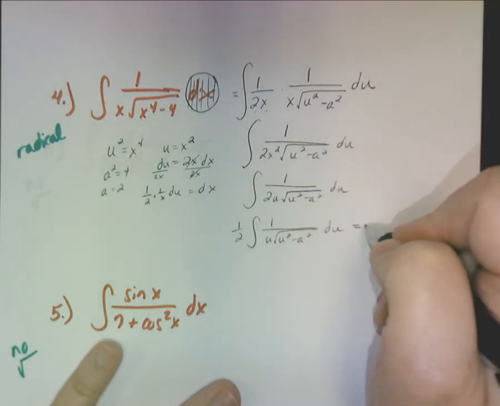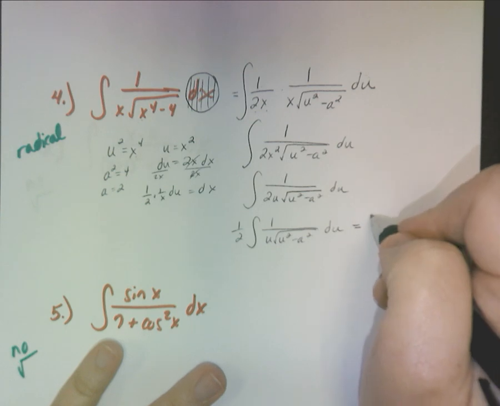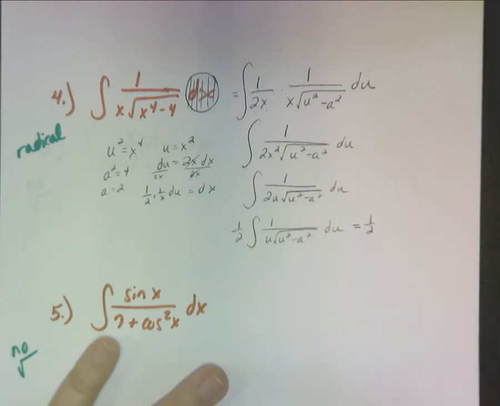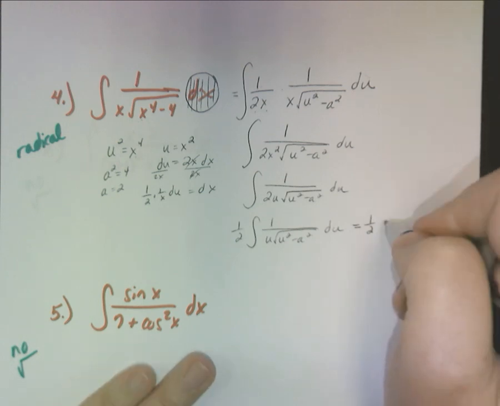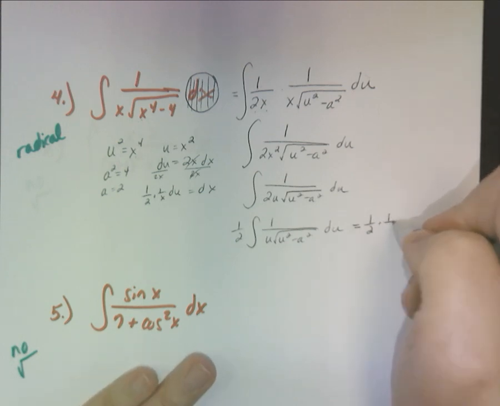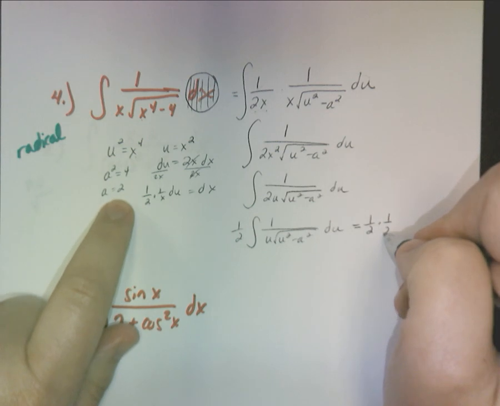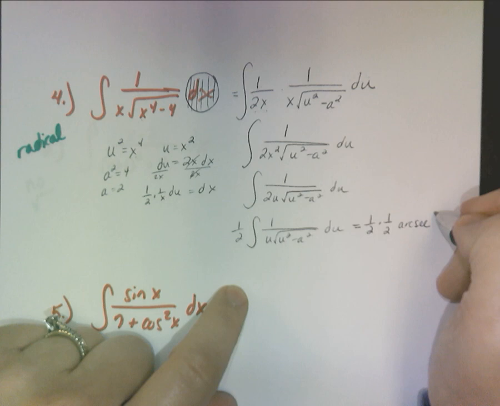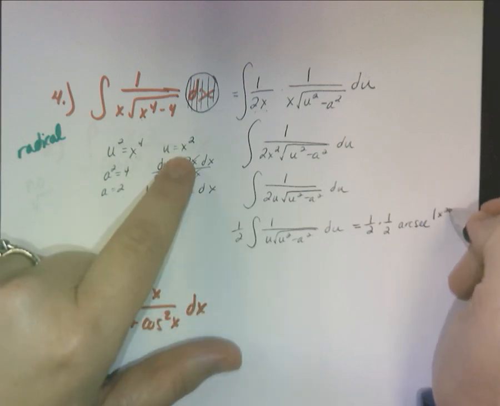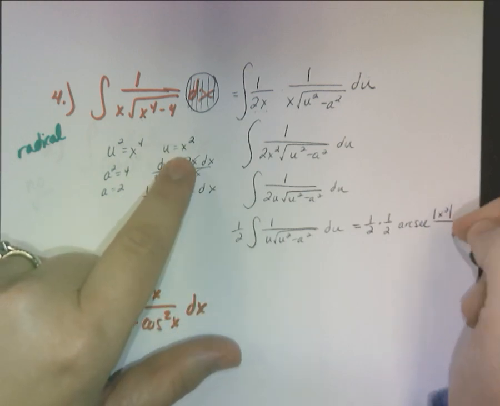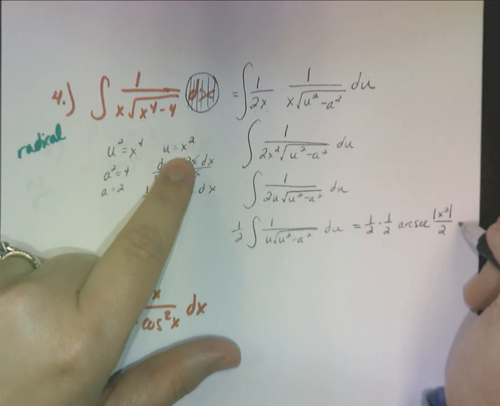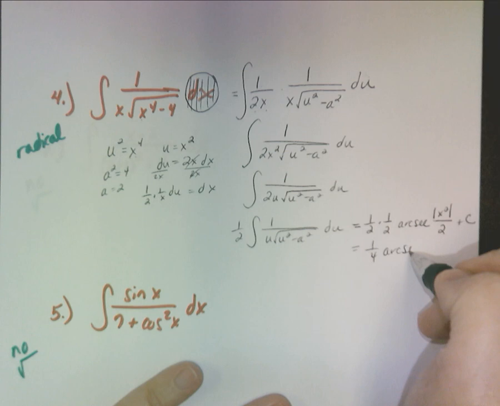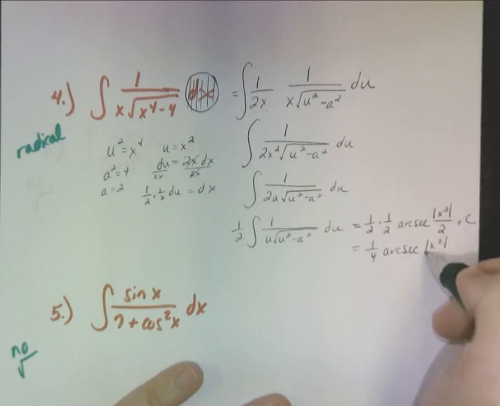Then you can rewrite it and finish it off as 1/2, which is already there, times 1 over a, which is 2, arcsecant, absolute value of u over a, which is 2, plus c, or another way is 1/4 arcsecant x squared over 2 plus c.